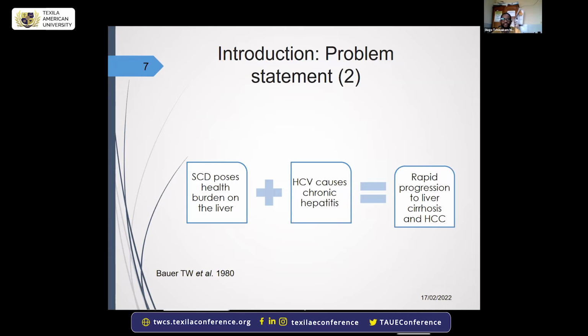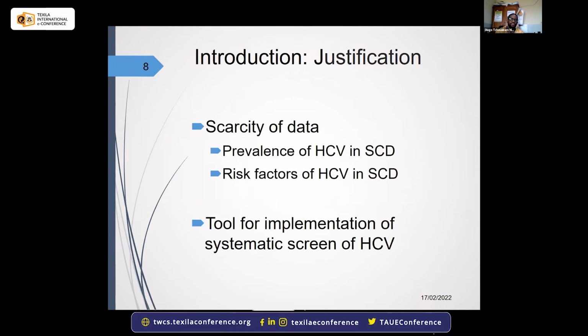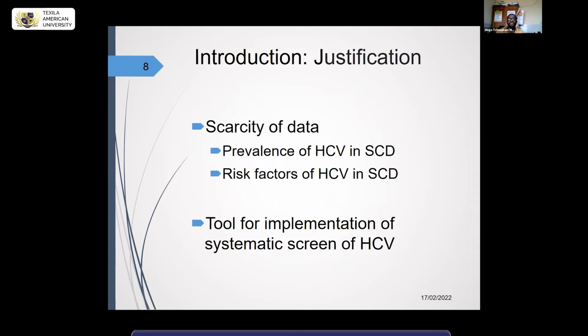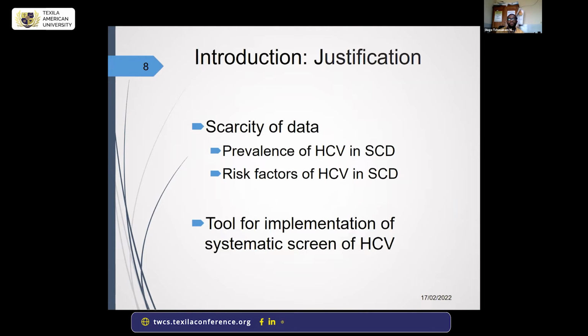It is urgent for clients living with HIV, hepatitis C or sickle cell disease to be diagnosed early enough to reduce the trend of the evolution of the disease. We also found there was a paucity of data on the prevalence of hepatitis C in sickle cell disease, and the risk factors were not well studied.